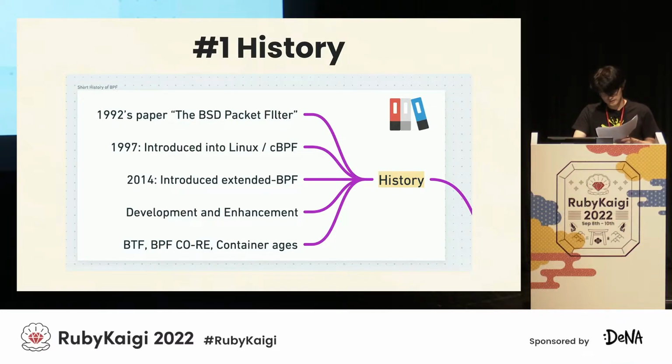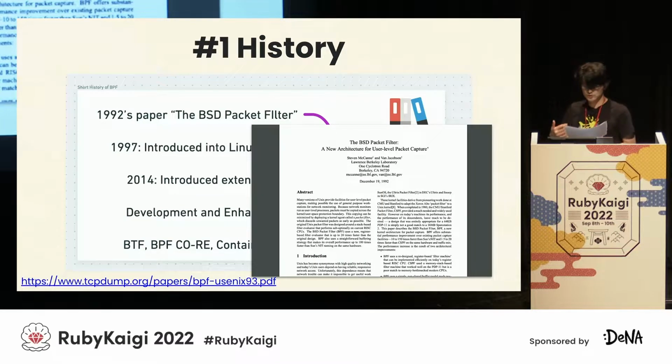BPF, the Berkeley Packet Filter, was first introduced to the public by a 1992 paper. It was then incorporated into several operating systems, and it was introduced into Linux in 1997, where it is called classic BPF.